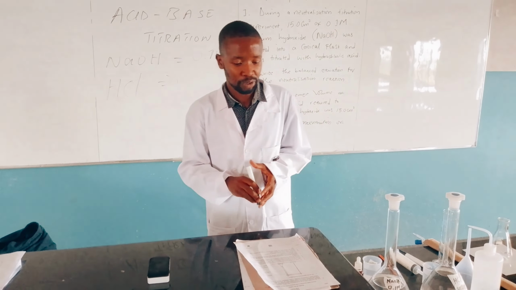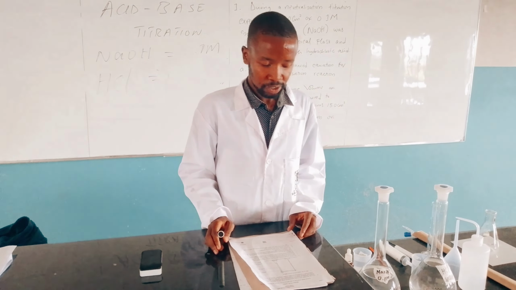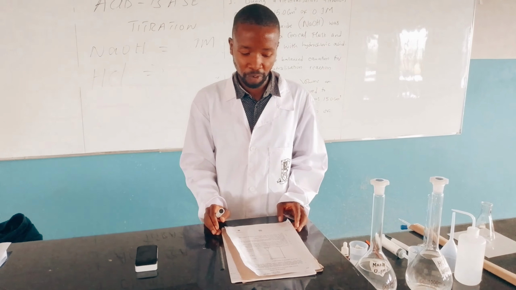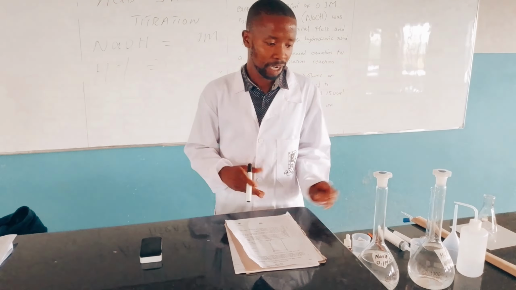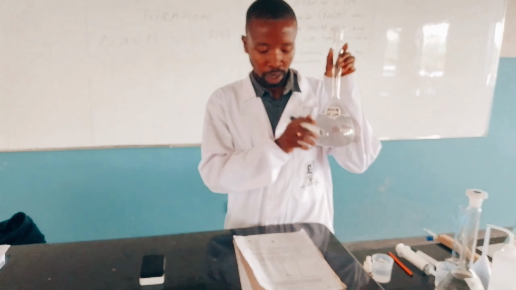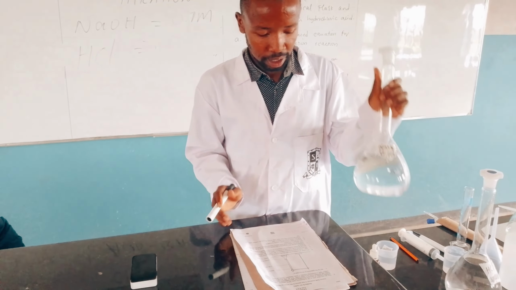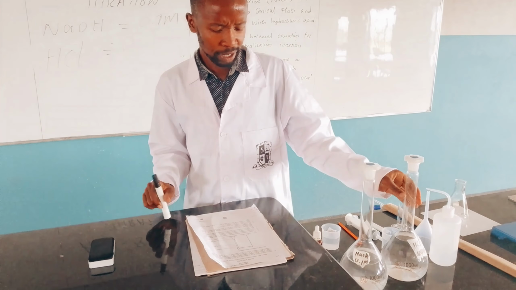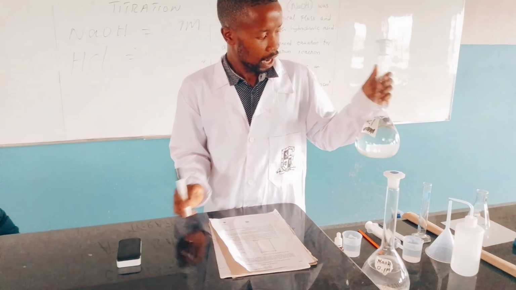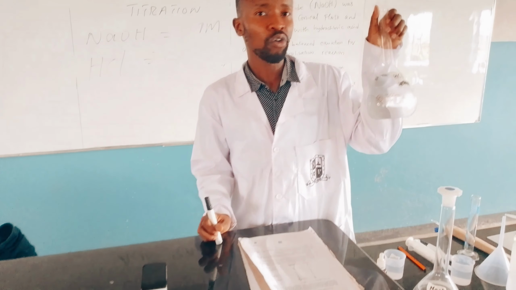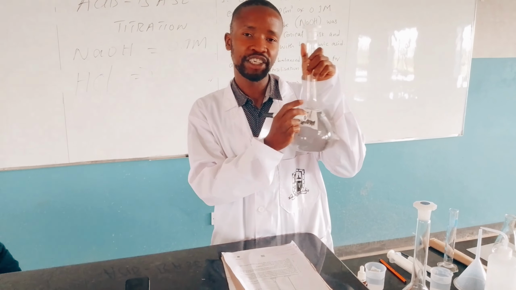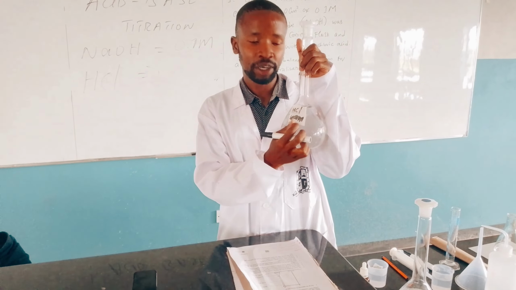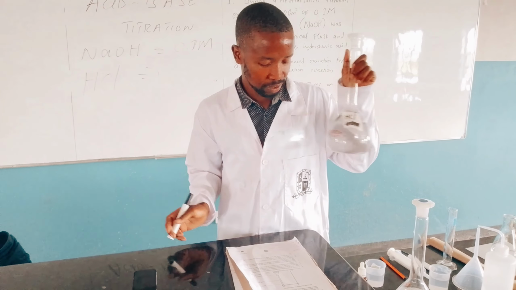As we do the experiment, we're going to follow all the procedures. So let's hear what the procedure is saying. It says we are provided with 0.1 molar sodium hydroxide solution. You're also given hydrochloric acid of unknown concentration. You see for HCl, we haven't indicated the concentration here.